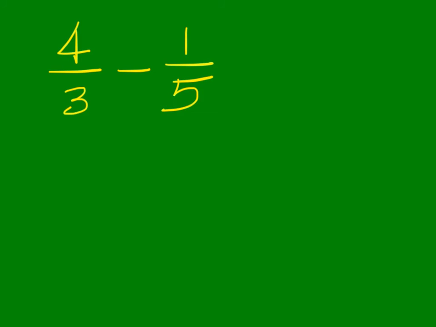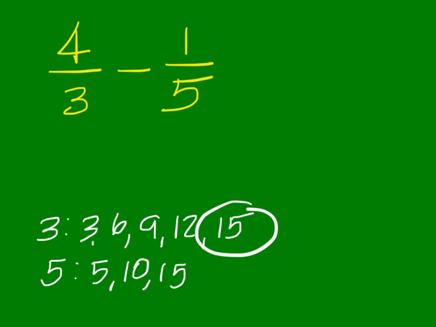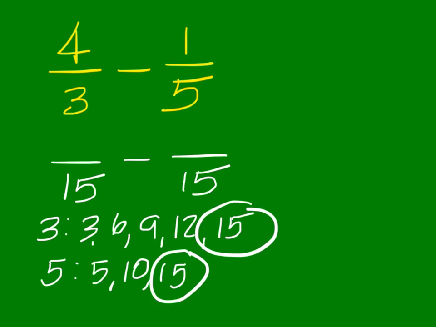Alright, for the practice problem, what is the lowest number that 3 and 5 will go into? It is 15. 15, and here's why. 3, 6, 9, 12, 15, and then for 5, it's 5, 10, and then 15. So 15 is the lowest number. So rewrite your fractions with a 15 on the bottom.